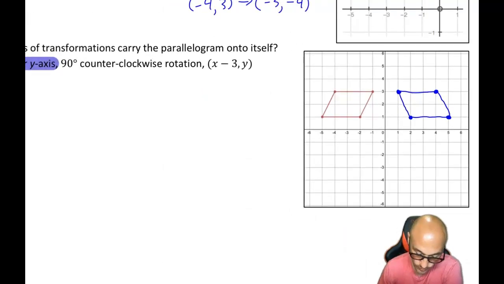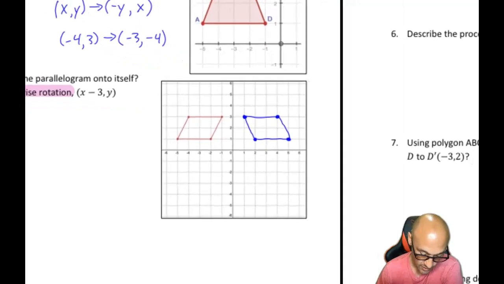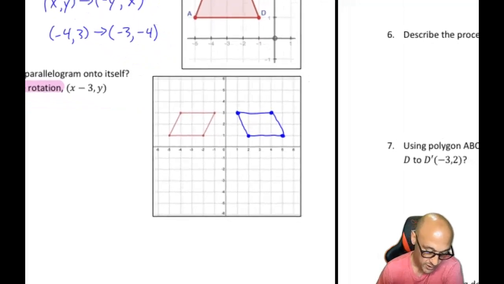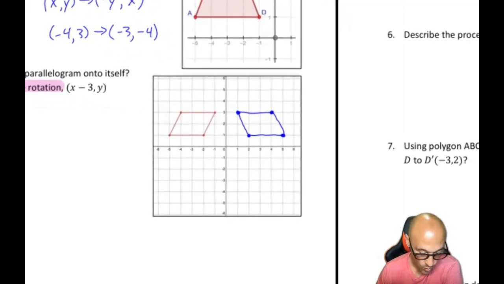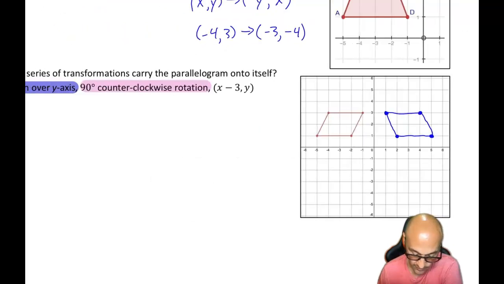Then the next one is going to be a 90-degree counterclockwise rotation. Hey, that's the one we were just talking about. So we can take the points and do exactly what we said. The x and the y value switch positions, and the y value becomes negative.